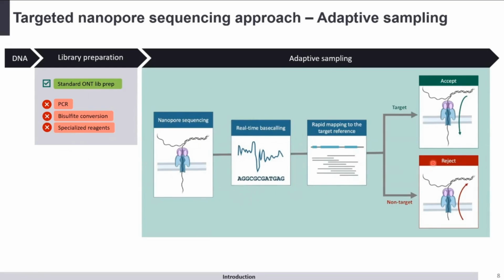If the target region is found, sequencing continues. Otherwise, the read is rejected by reversing the voltage across the pore, and the pore will sequence the next strand. In this way, unwanted sequencing data is minimized, and coverage can be focused on regions of interest only.